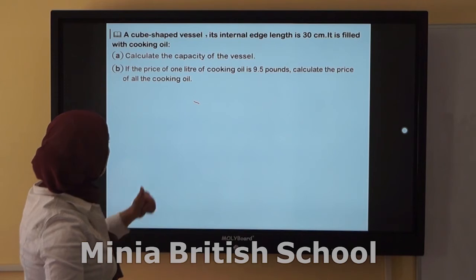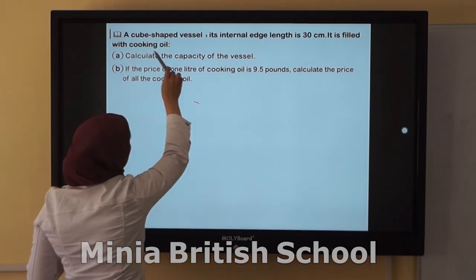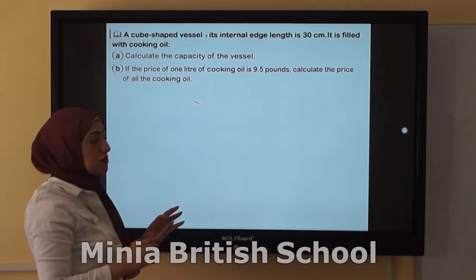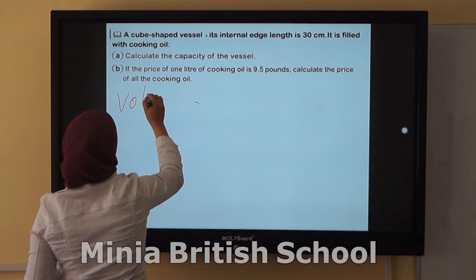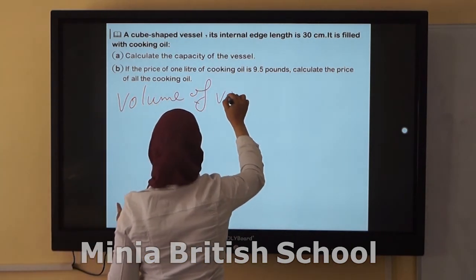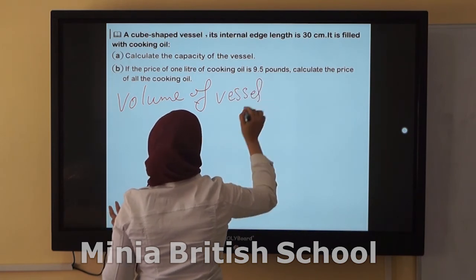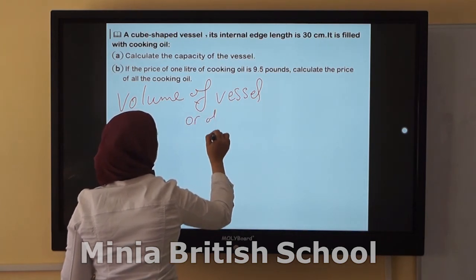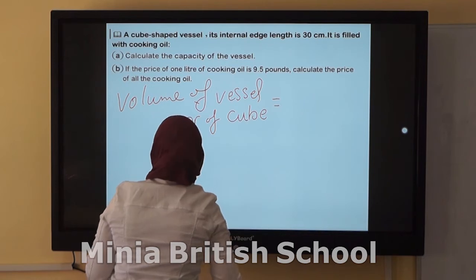Okay, so first of all, to calculate the capacity of the vessel, here I want to get the volume of the vessel, or of the cube. Both of them are right. You can write any of them.